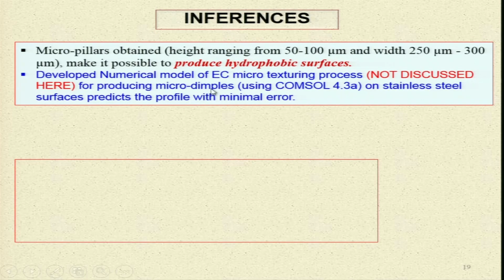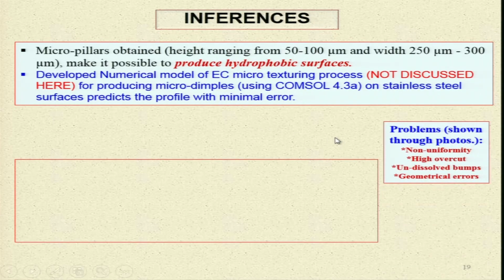For producing micro dimples, he has used COMSOL 4.3 software on stainless steel surfaces, which predicts the profile with minimal error. However, as I have told you, if the deviation is more than 10%, then it is not acceptable and you have to improve the model.